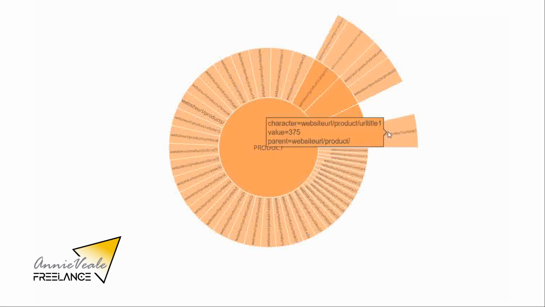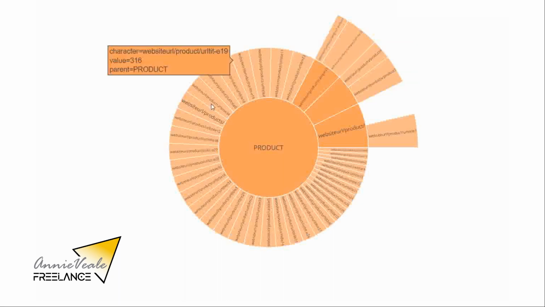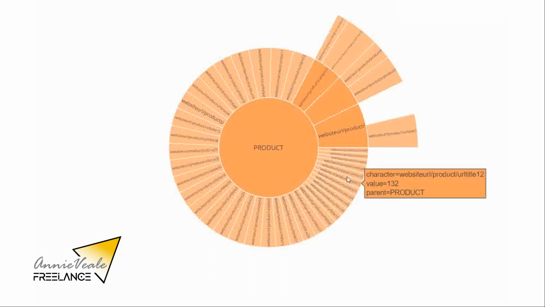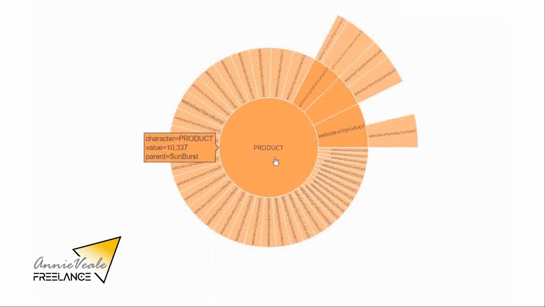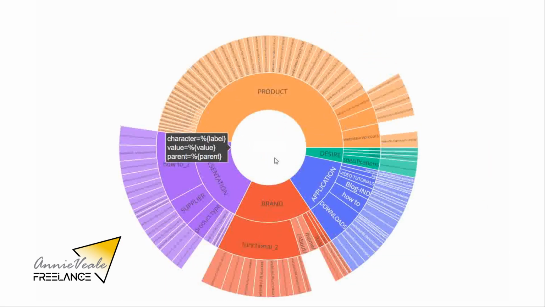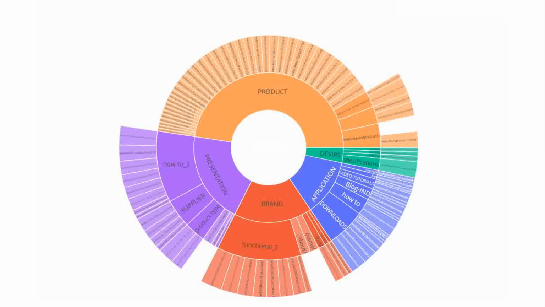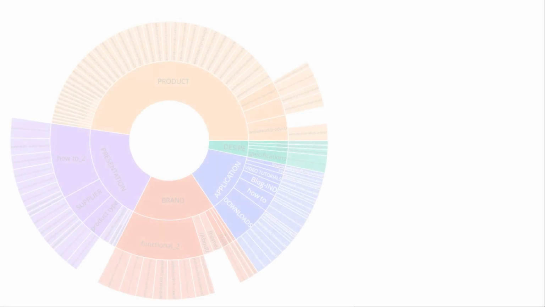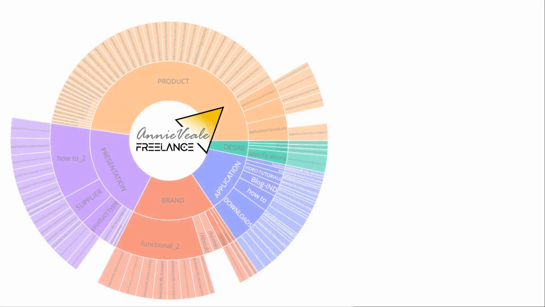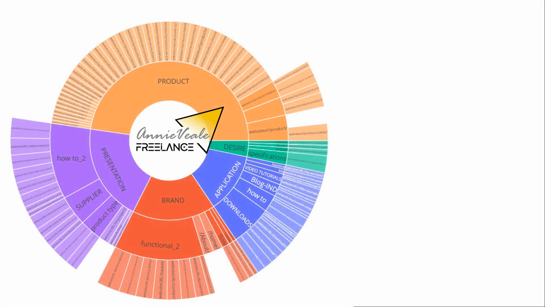So you'll also notice from these values that we've got the traffic label in the value, which also gets aggregated for the internal categories, so you can get to see what volume of traffic is going to what type of content, which is also incredibly useful.